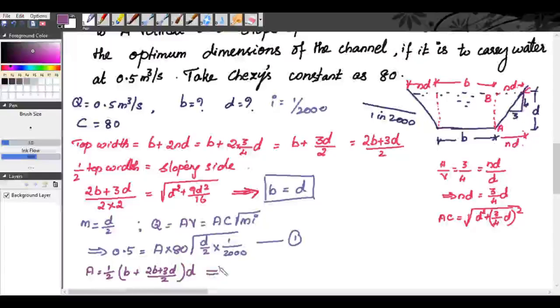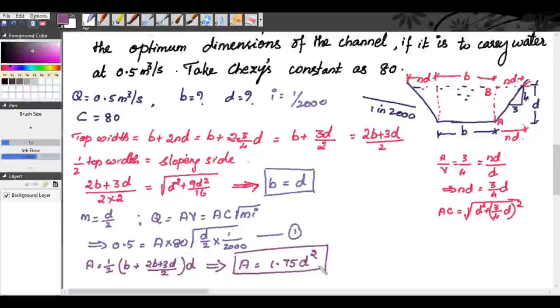So from which we get, you substitute b is equal to d. We have already obtained b equal to d. So substituting b equal to d, we get area is equal to 1.75 d square.